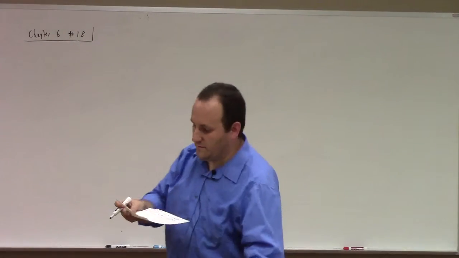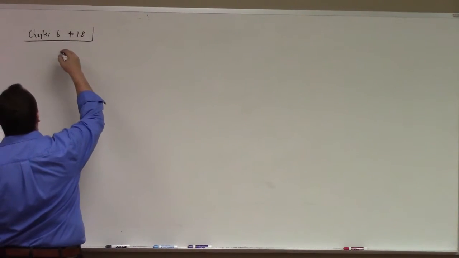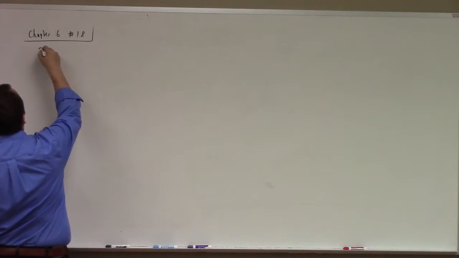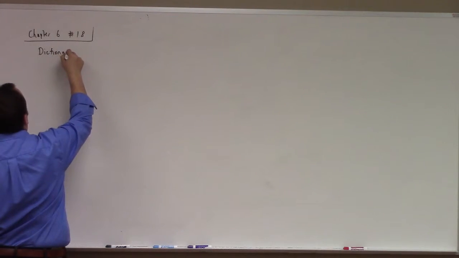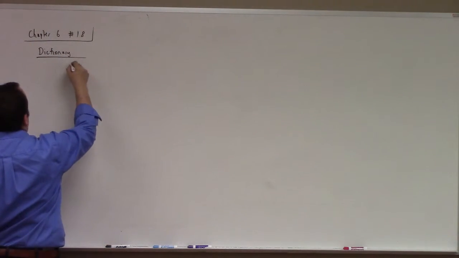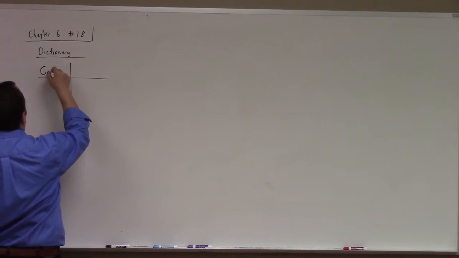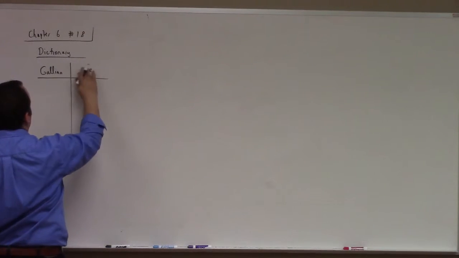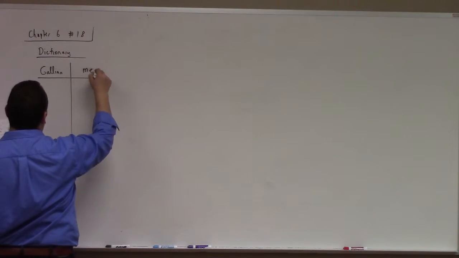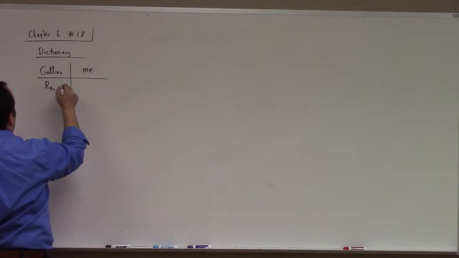And so I worked on this for a little bit, and I've come to the following sort of dictionary. So here it is. Gallian, me. So he's got R90.